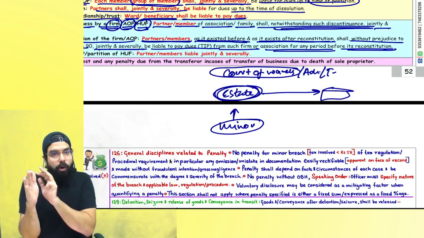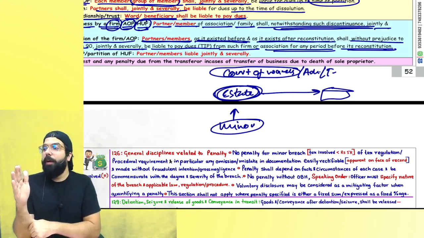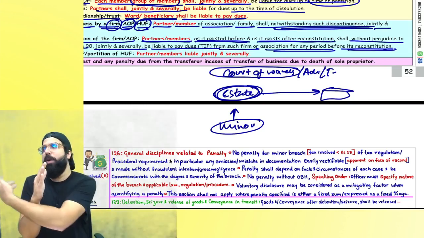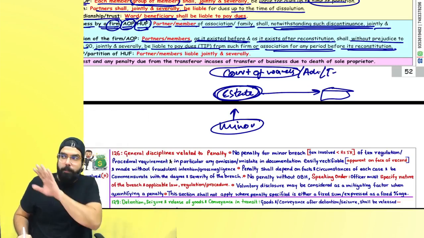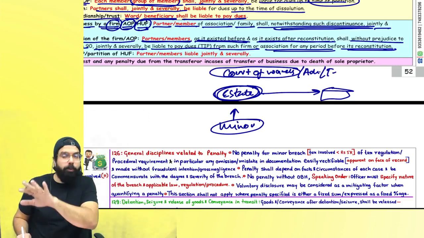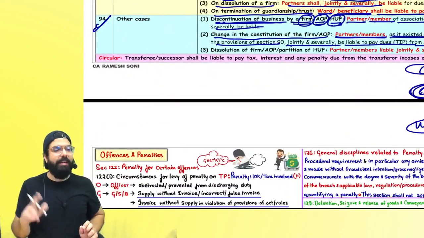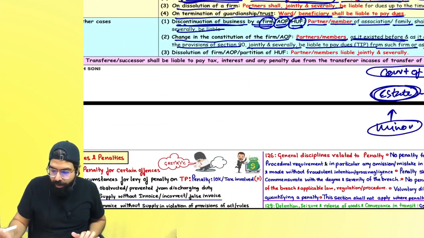So all the partners will be liable up to the date of reconstitution. Can I go ahead? After reconstitution, whoever is the new partner, that person will be liable. But before reconstitution, up to the date of reconstitution, all the partners, new, old, everyone, as it existed before and as it exists after. Can I go ahead, everyone?